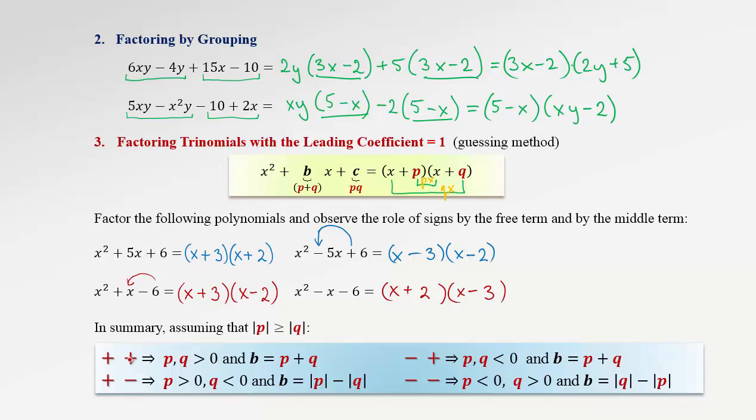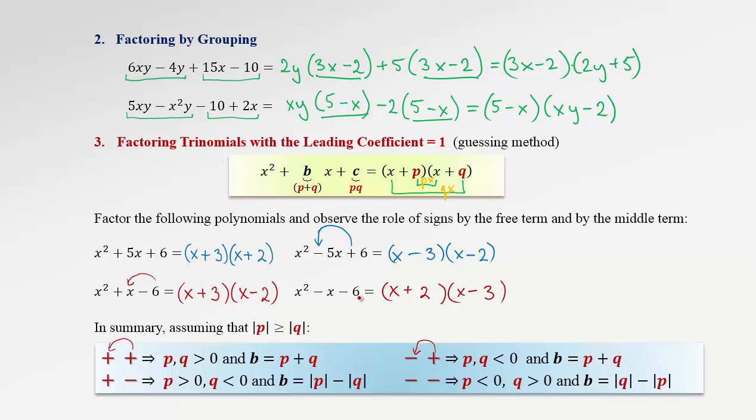If we have the last sign positive, then we know that the product is positive, therefore the two numbers are of the same sign. They are either both positive if the middle sign is positive, or both negative if the middle sign is negative. And the coefficient b comes from summing these two numbers that we are looking for.